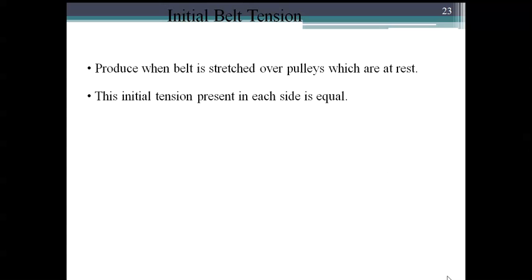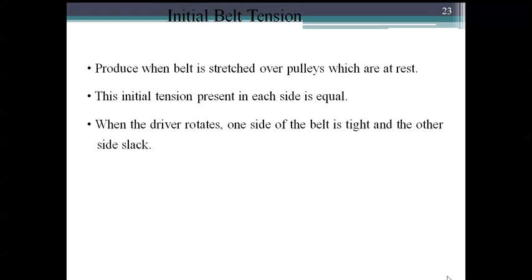This initial tension present in each side is equal. When the belt is at rest, the initial tension on both sides is the same. So when the driver starts rotating, it pulls the belt from one side, increasing the tension in the belt on this side, which is called the tight side.